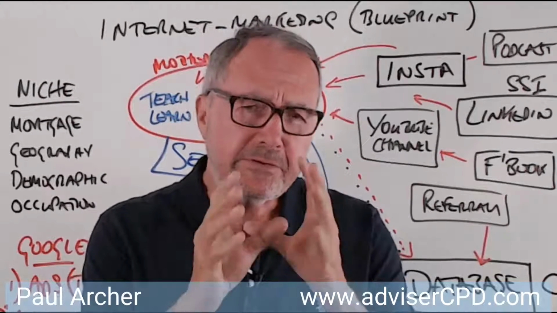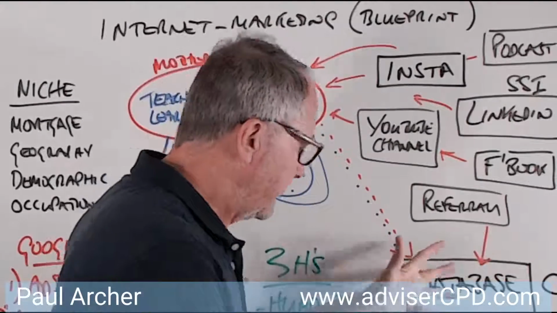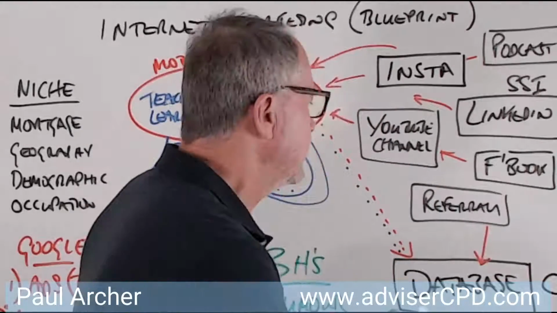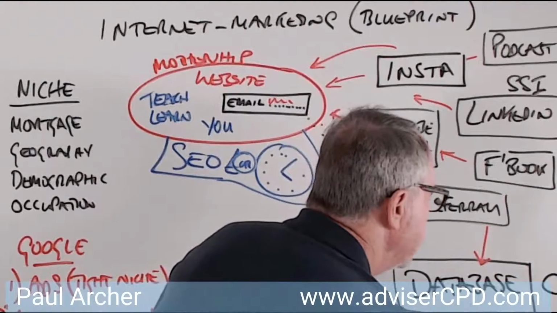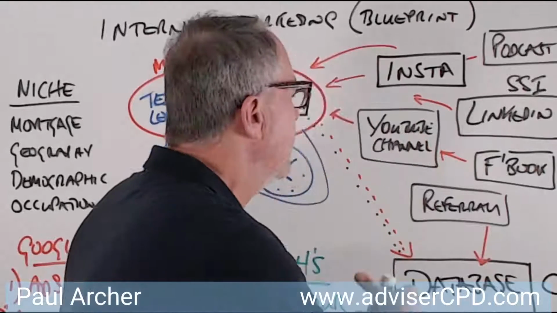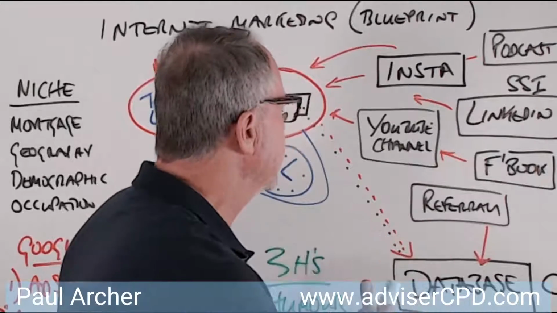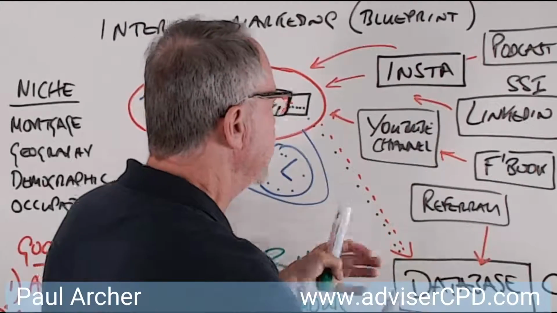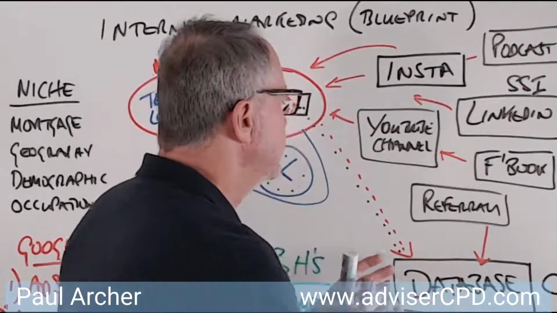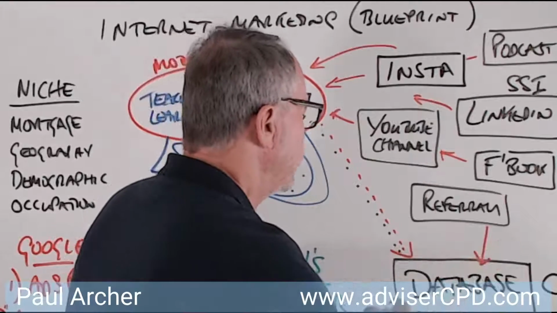Now, a couple of other things just to finish off then. We've got this database down here which is yours. Make sure you work it. Make sure that you incubate people. I've done videos on that topic before. Incubating means you keep them warm, you keep them happy, you mail them things, videos, podcasts, extra information, whatever you want to do. Keep them warm, keep them happy, make them your club, and obviously put them onto your sales process.